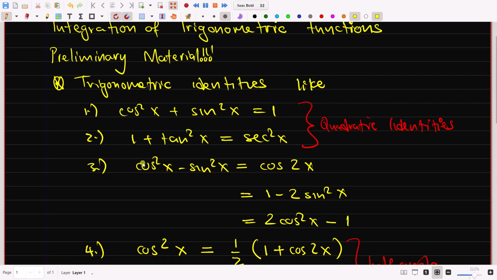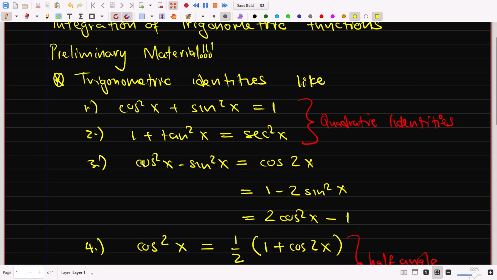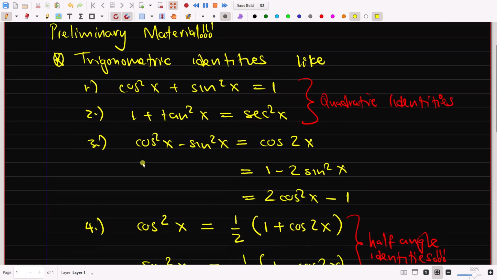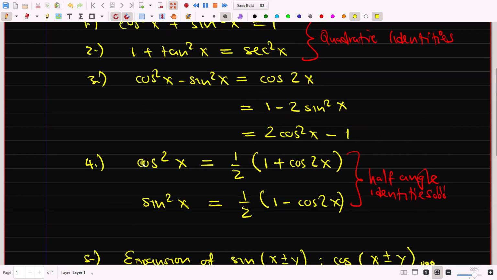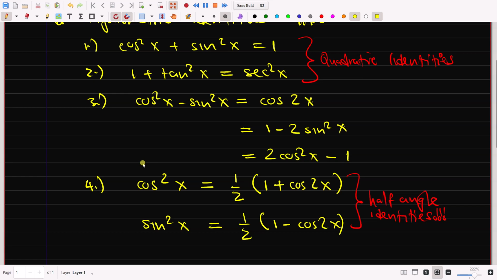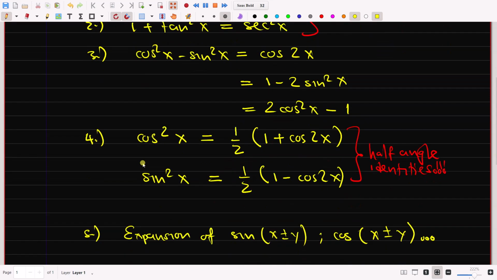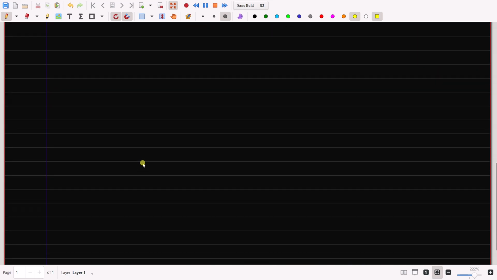You must always know these identities. Once you're aware of all these identities, your life will be much easier when it comes to integrating things. You're going to see how all this features as we go about different problems. But now, since we have laid down the preliminary work, it's time to start talking about how to integrate trigonometric functions.